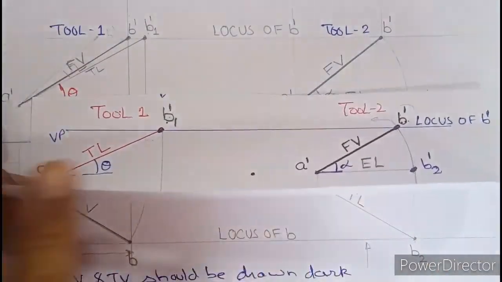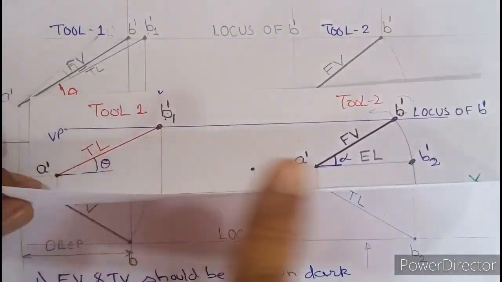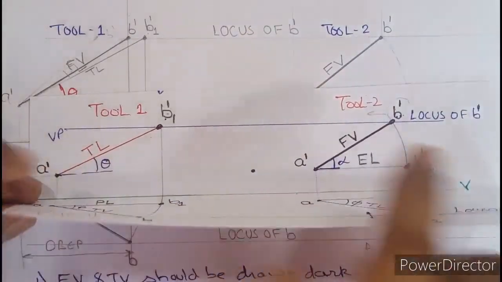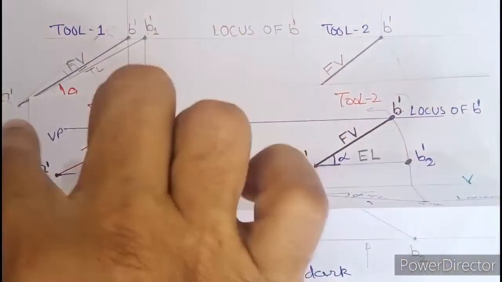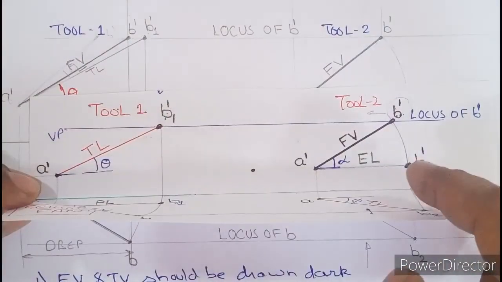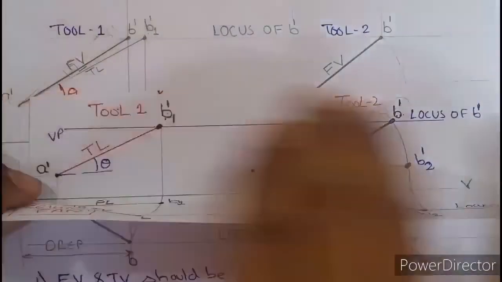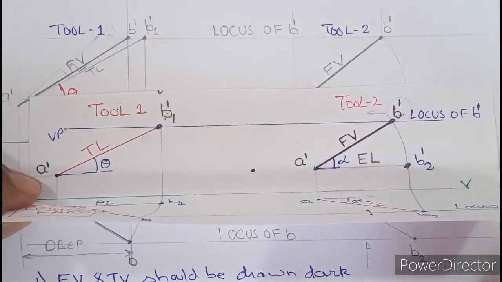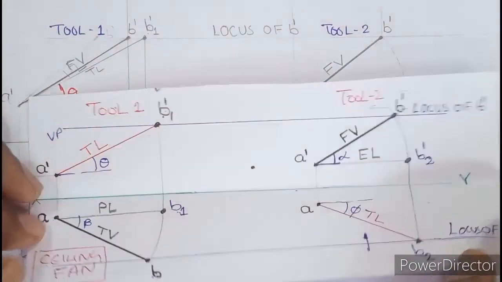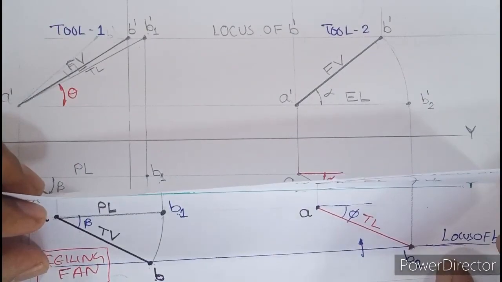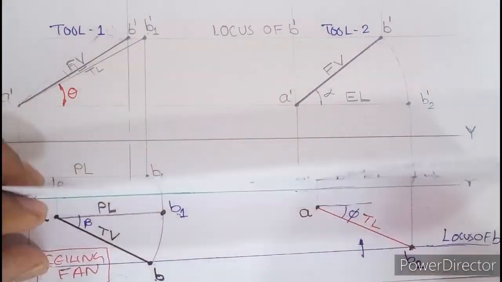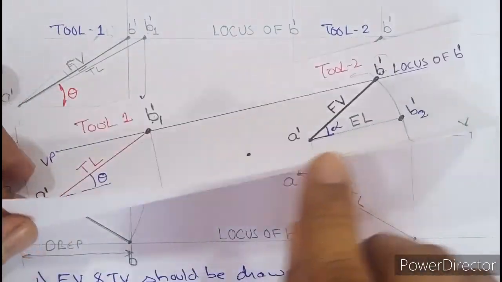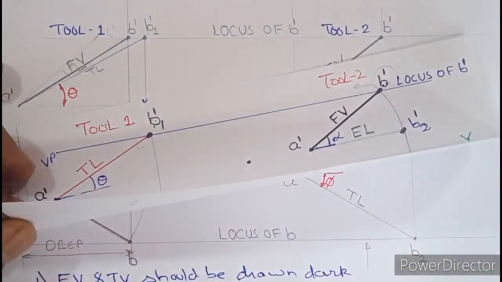In the front view, HP is seen as a line. So HP and the green XY will overlap in the front. So you can see true length theta and front view alpha both together, and everything is with dash. So this concept you need to understand. Top view, VP seen as a line. Front view, HP seen as a line. Okay.